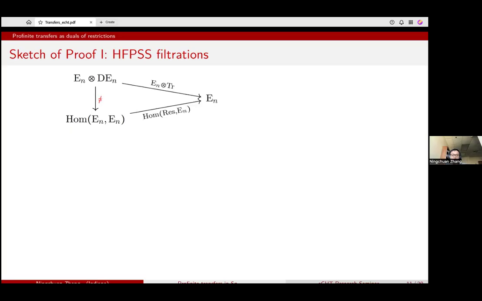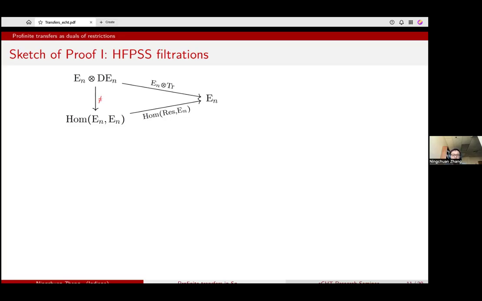But then, nevertheless, there's a natural map connecting them, going back to Morava E-theory itself. On the top, we have Morava E-theory tensor the base change of the transfer map we defined, to Morava E-theory. On the bottom, it's a dual restriction map.